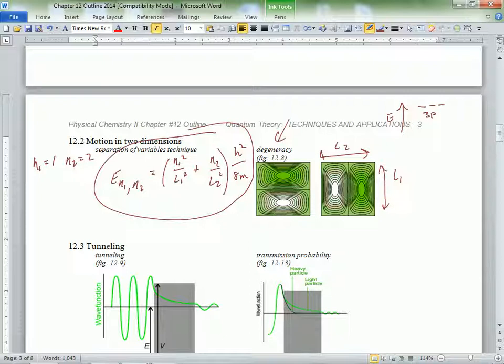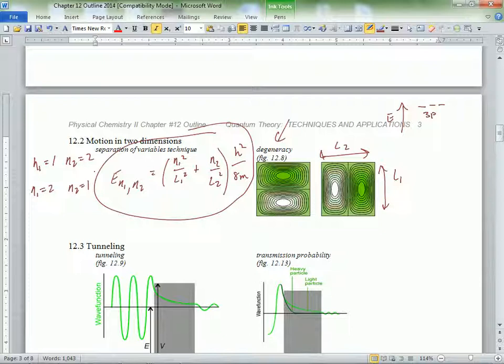That's a state, right? Because you give values to these quantum numbers, you're describing a state. You could plug in those numbers and get the energy. Well, I could switch them around. I could make n1 be 2 and n2 be 1. Different state, because they have a different set of quantum numbers, but the same energy. So it's doubly degenerate.